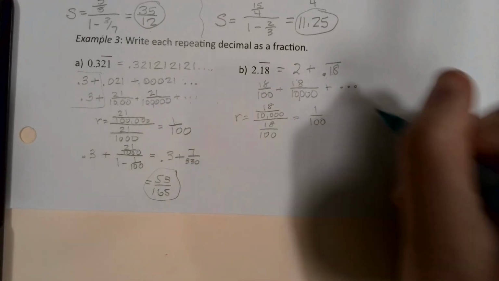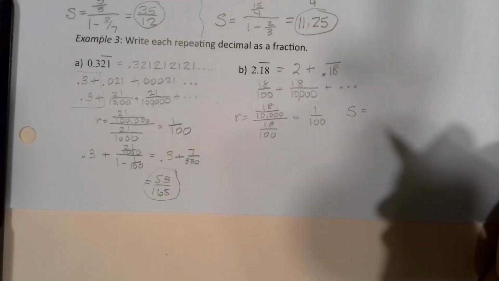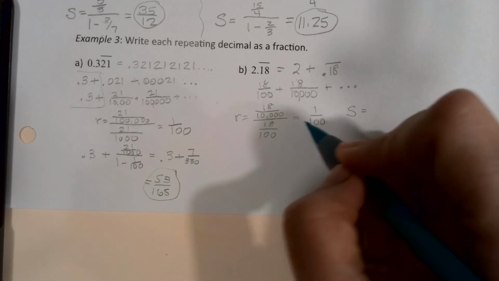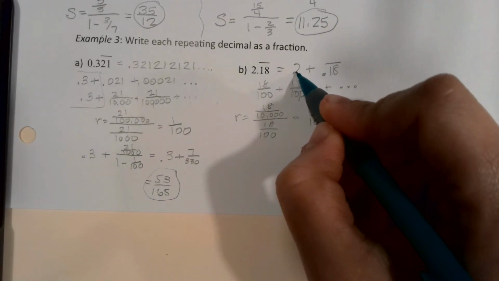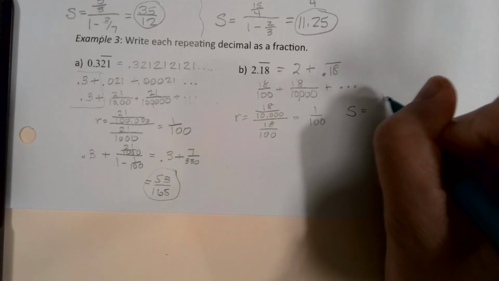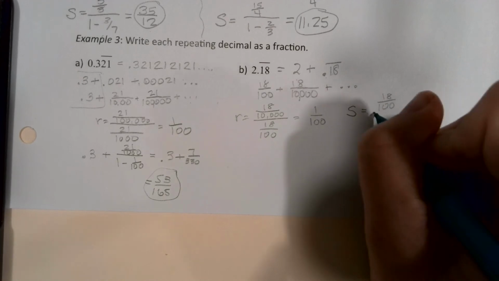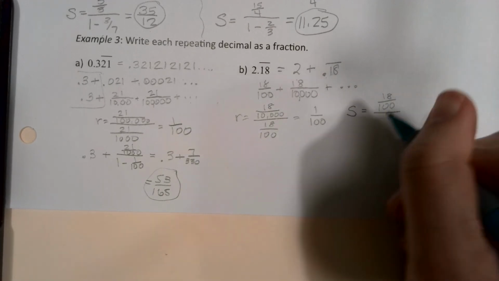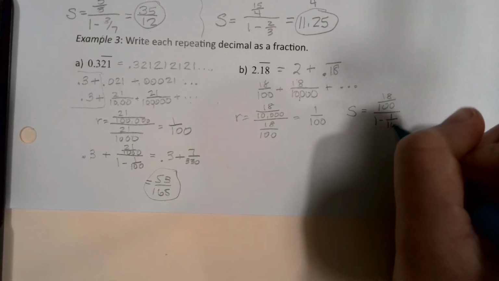So our sum for the geometric series, and then remember we have to go back and add the 2, is going to be 18 over 100, my first term, over 1 minus 1 over 100.